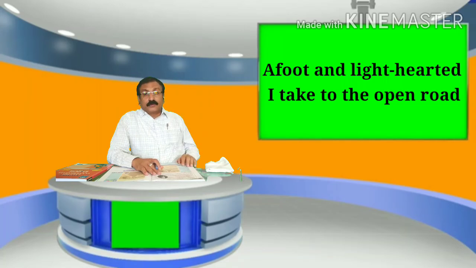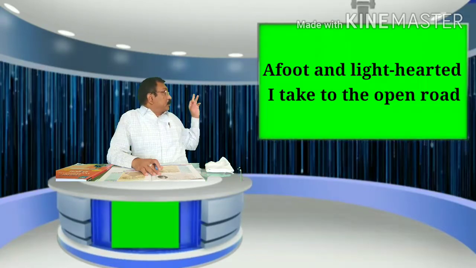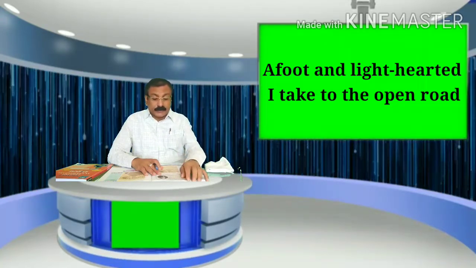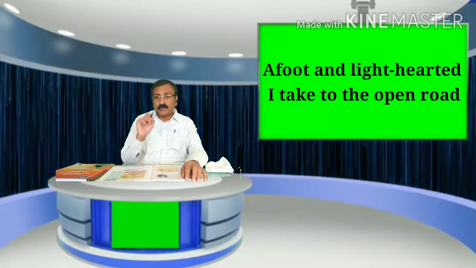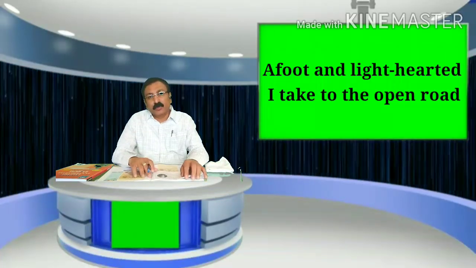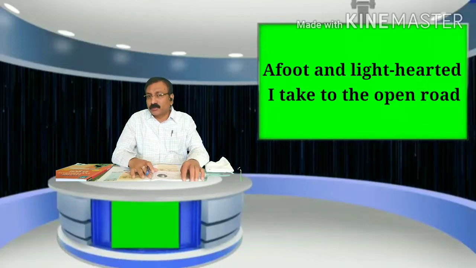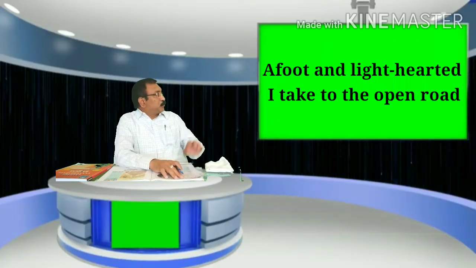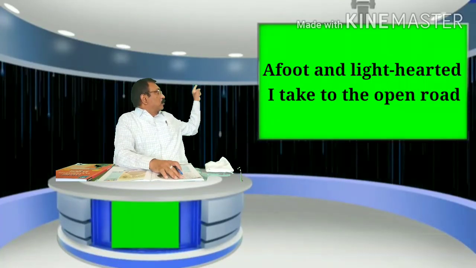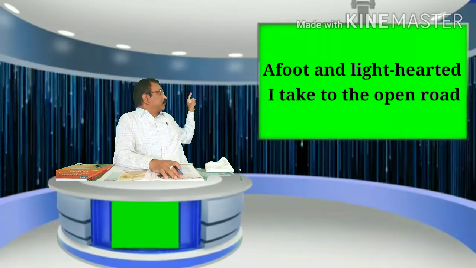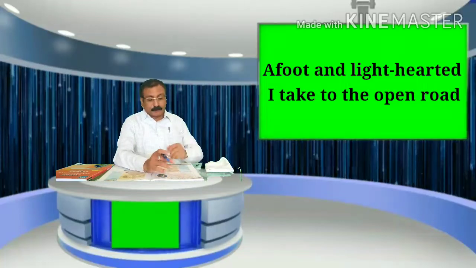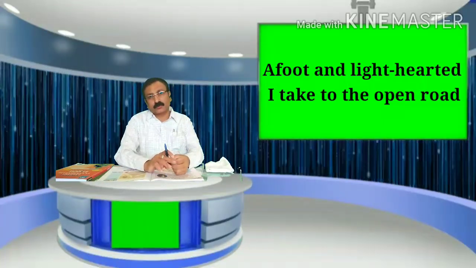I read the line: a foot and light-hearted I take to the open road. So this is also an example of the figure of speech inversion. If you look at the order of the words, a foot and light-hearted I take to the open road.